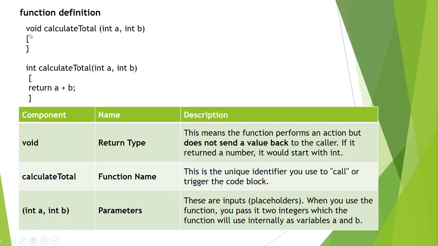Void means no value is returned to the caller. Okay, int calculateTotal, int a, int b, it returns a plus b to the caller. So void and int are the return types. This one is the function name, and these are the parameters. Parameters are just the input values.